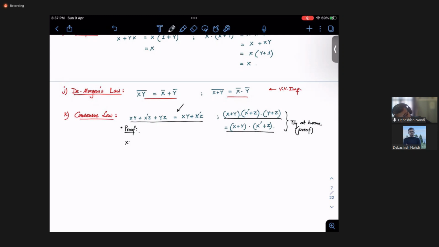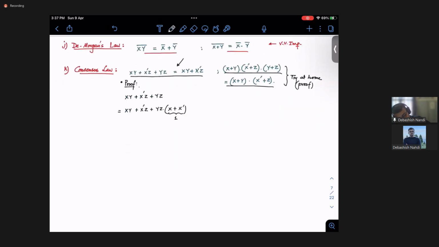So you have xy plus x prime z plus yz. What I can write is x prime z, and I can write yz times x plus x prime. Can I write this? Yes, I can, because this is nothing but 1, and 1 times something is that quantity itself.